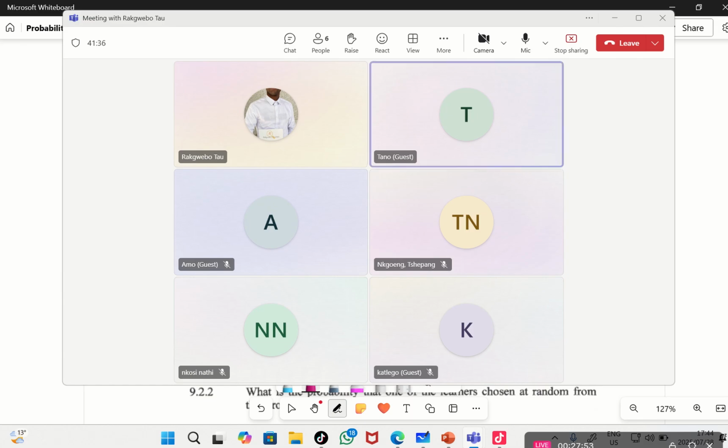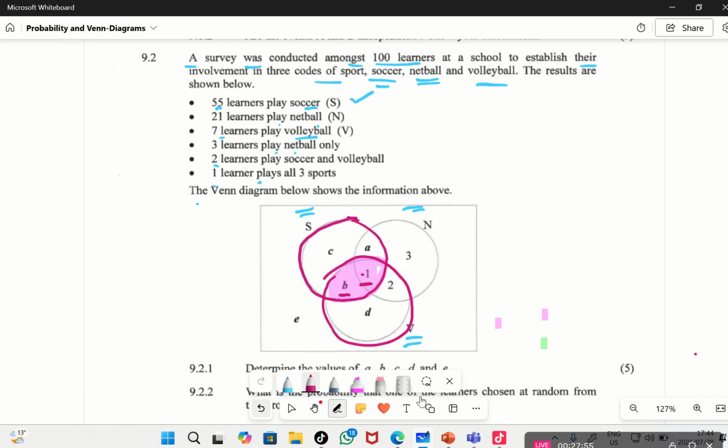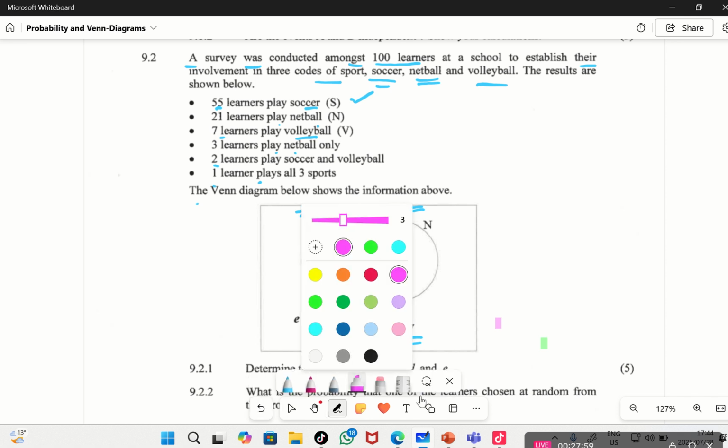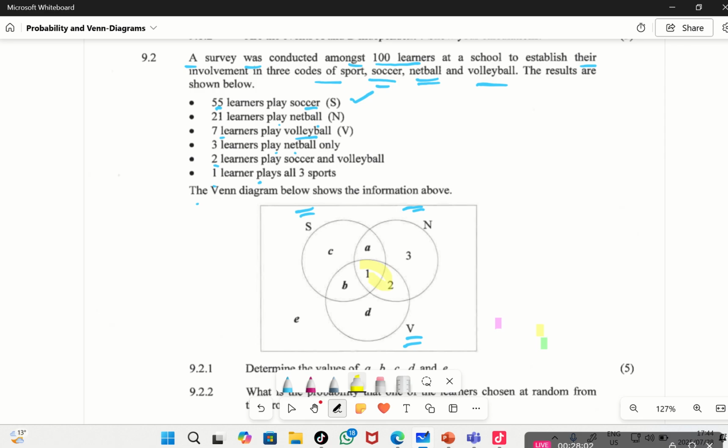Proper stuff. Sharp. Then let me just highlight one more. This region here talks about the number of learners who play both volleyball and netball at the same time. It's 1 plus 2. It's 3 learners who play both netball and volleyball.